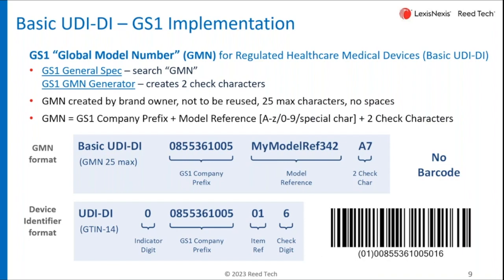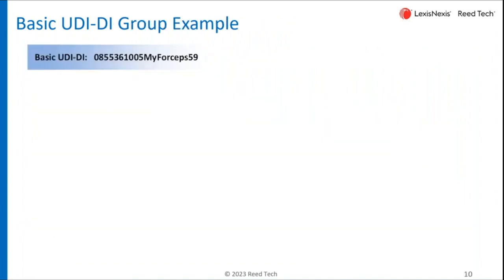All right, so let's look at a quick example. Let's say that you're a company that manufactures forceps and you create this particular identifier. In this example, the numbers are all for a company prefix, and my forceps happens to be the particular identifier that I used, and then 59 would be the 2 check characters.